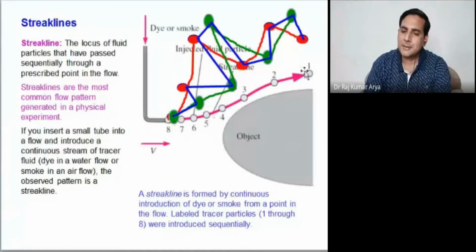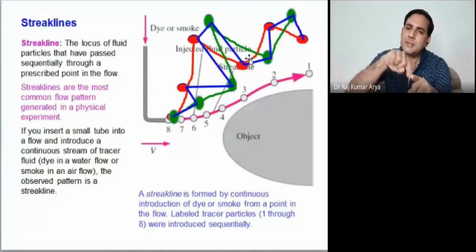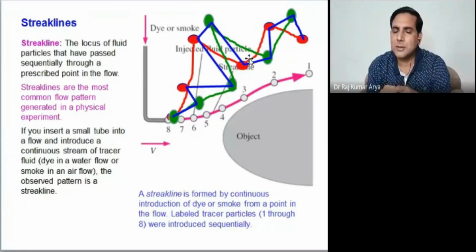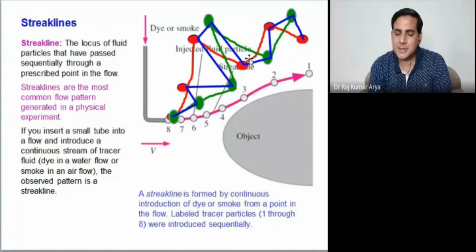Just like here, in this way, this is particle 1, this is particle 2, 3, 4, 5, 6. You joined them all together, so this will become the streak line, since you have joined them in the same order in which they went from there. Okay, sir. Yeah, that will become the streak line.